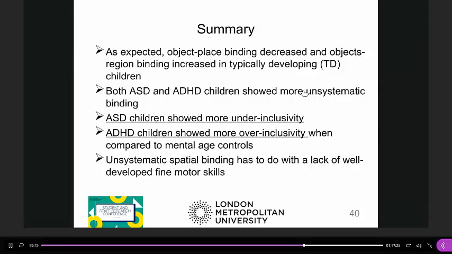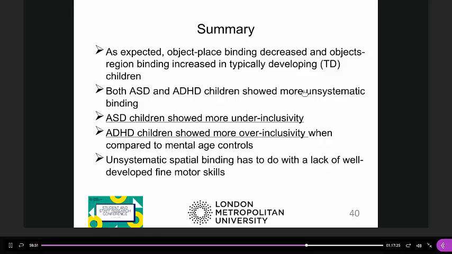Both children with ASD and ADHD showed a lot of unsystematic binding, nearly only unsystematic binding, and the children with ASD showed more object place binding, which we called under-inclusivity, because the dots are not bound into a common area, while children with ADHD ignored Gestalt principles and showed more over-inclusivity when compared to their mental age control.